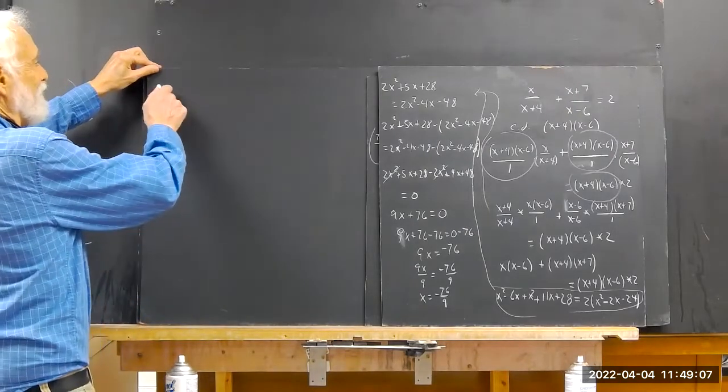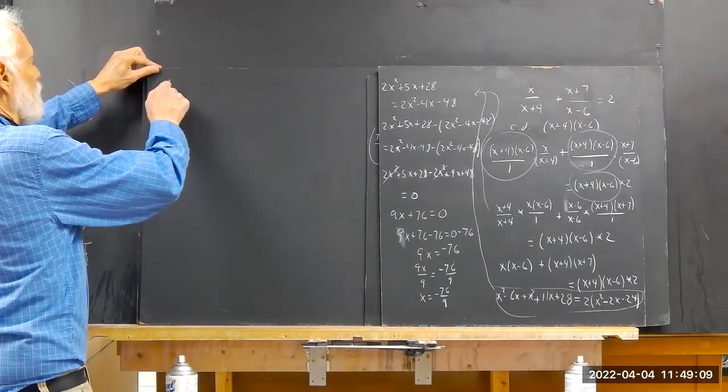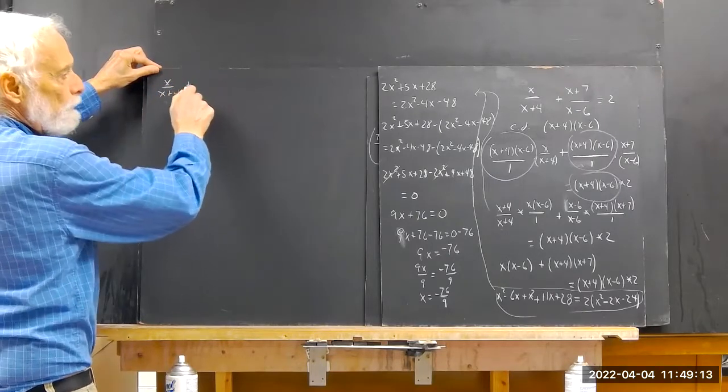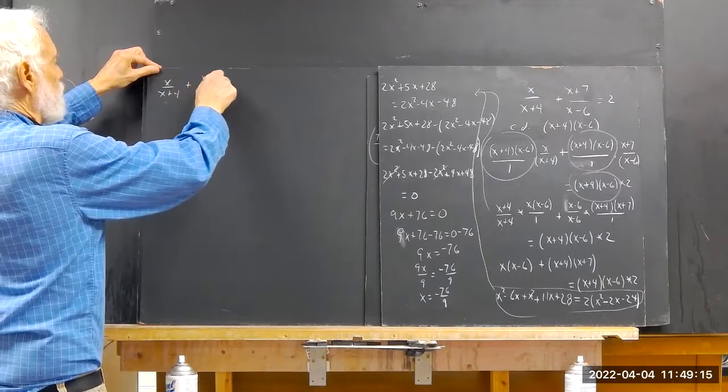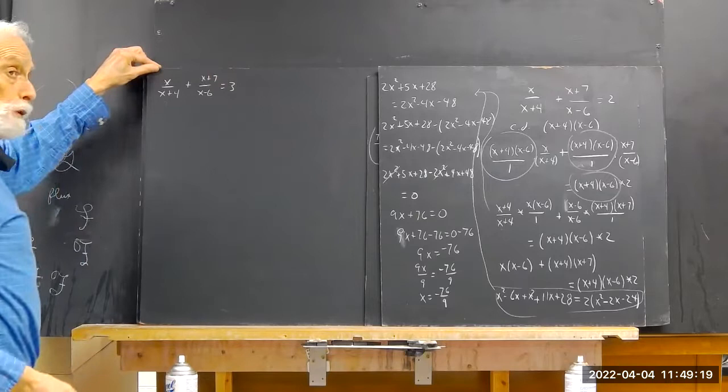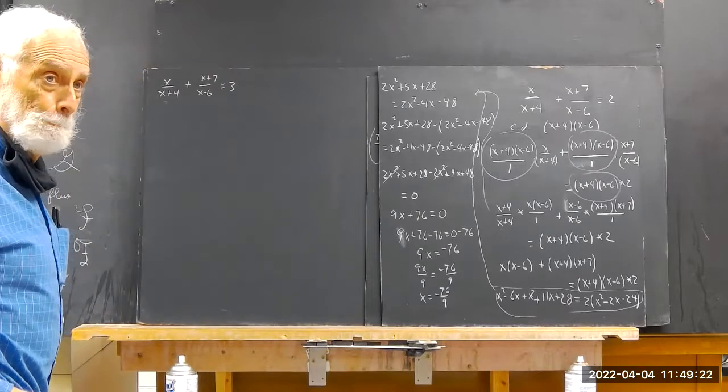Okay. So we got x over x plus 4 plus x plus 7 over x minus 6 equals 3 instead of 2. Okay.